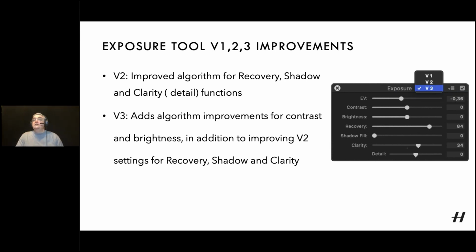Now, bear in mind that even from my old raw captures with my old H3D, I can bring them in. I can process them now either with the old legacy settings I had, or I can switch to V3 and use all the latest algorithms to actually extract even more detail through the system.